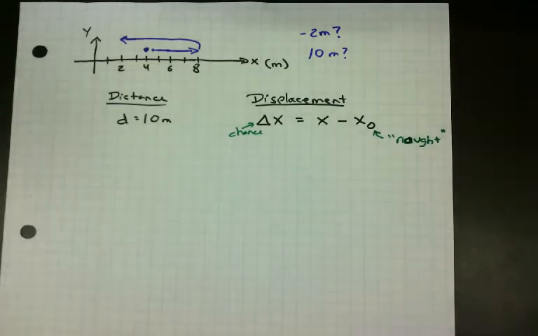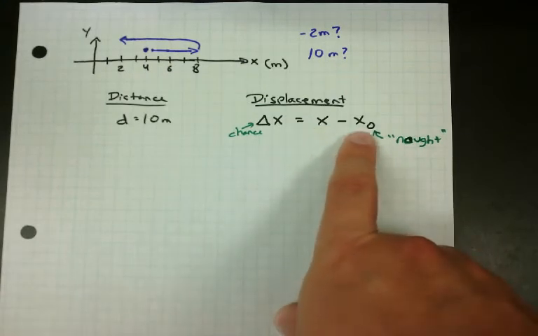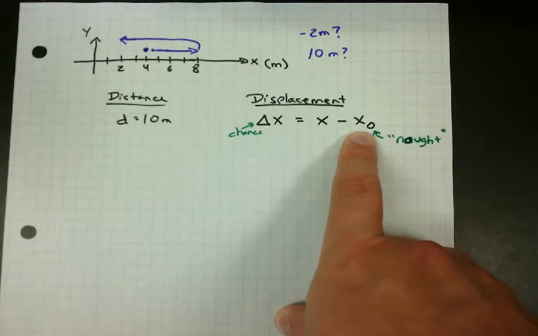What does that mean? The x0 is a way of saying my initial position, because 0 means at time 0, where was I? So usually in physics, we're going to use the convention that if I say x with nothing next to it, that's your final position. And I'm going to use x with a 0, or x naught, as an initial position.